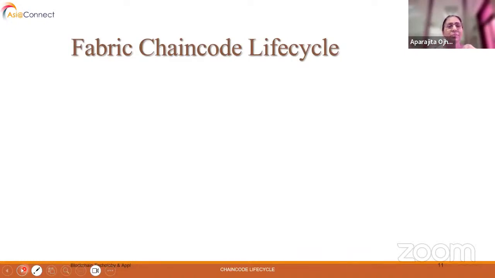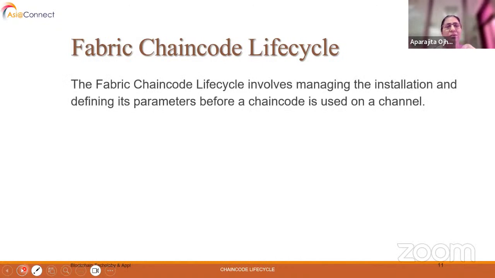So if I look at the Fabric chain code lifecycle, this involves managing the installation and defining its parameters. Think about some chain code, you may have to define the duration in which this chain code will remain alive. That is also possible because for some business, for example, elections start from say June 21 to June 25, some preparations may be required.